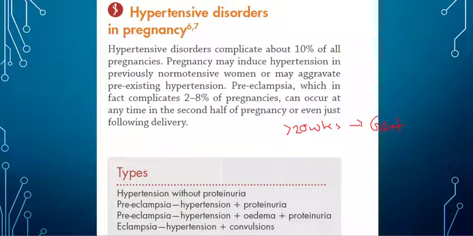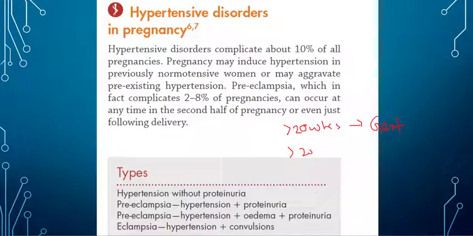Okay? If it is before 20 weeks of pregnancy, then you can't call it gestational. Most likely that patient had hypertension even before getting pregnant. That means that will fall under essential hypertension. So more than 20 weeks, patient is hypertensive, that's gestational hypertension.